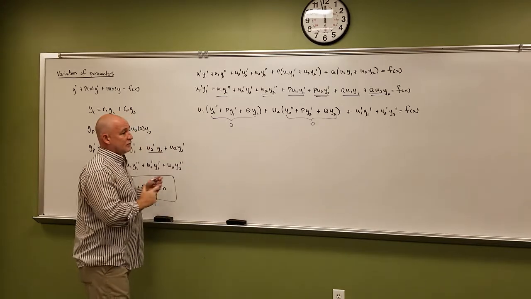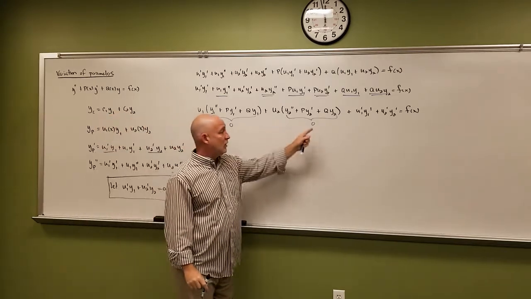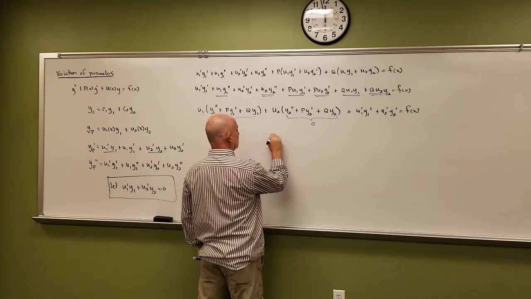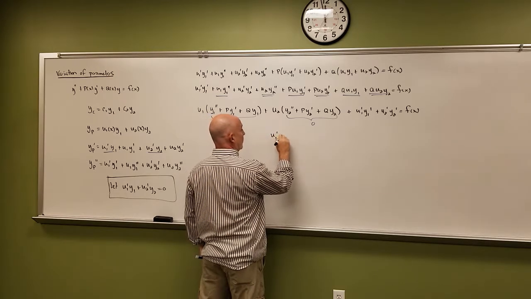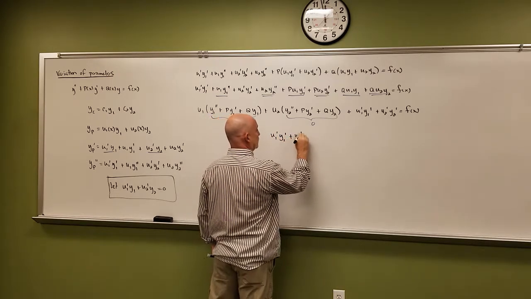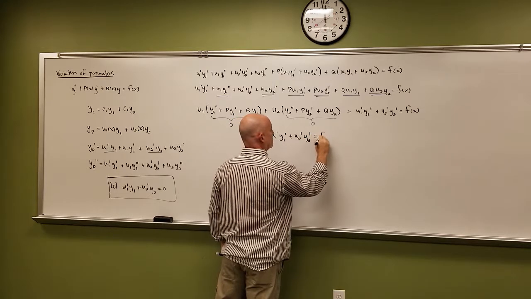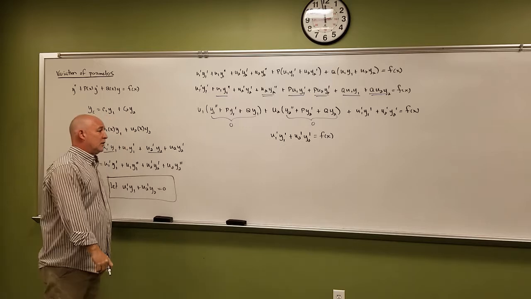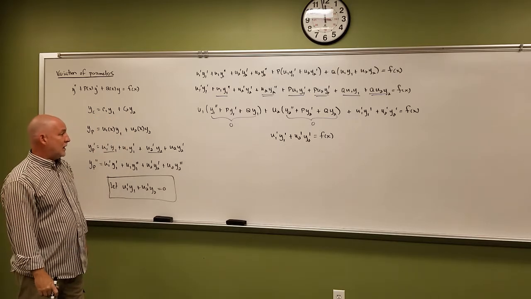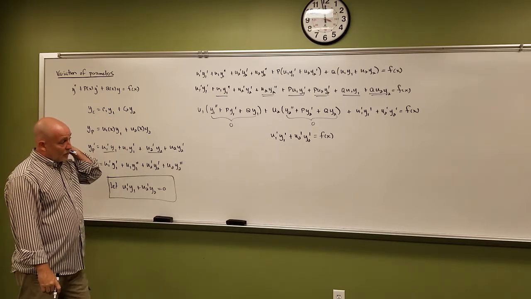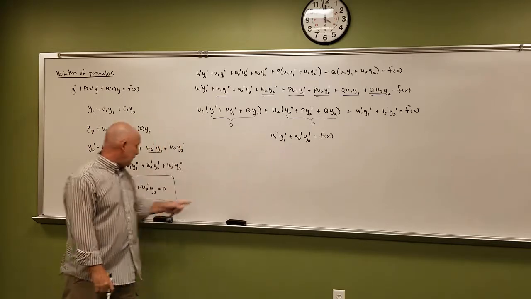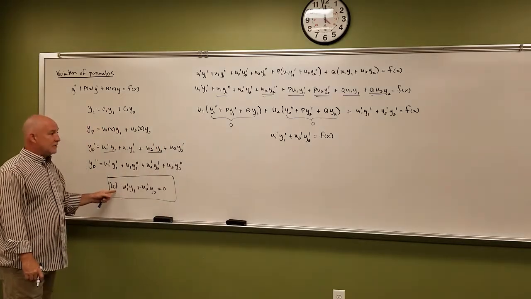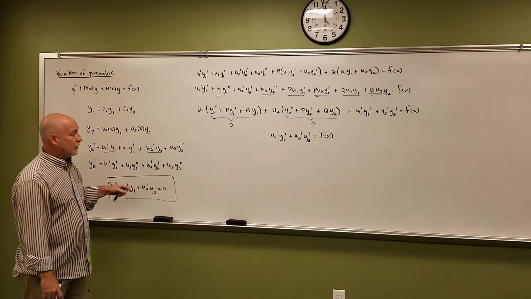So all of this first stuff is 0, and we end up with the condition u1' y1' plus u2' y2' is equal to f of x. What we end up with is another equation that has what we're looking for, the u1s and u2s in it, because we've already decided that this equation has to be true.